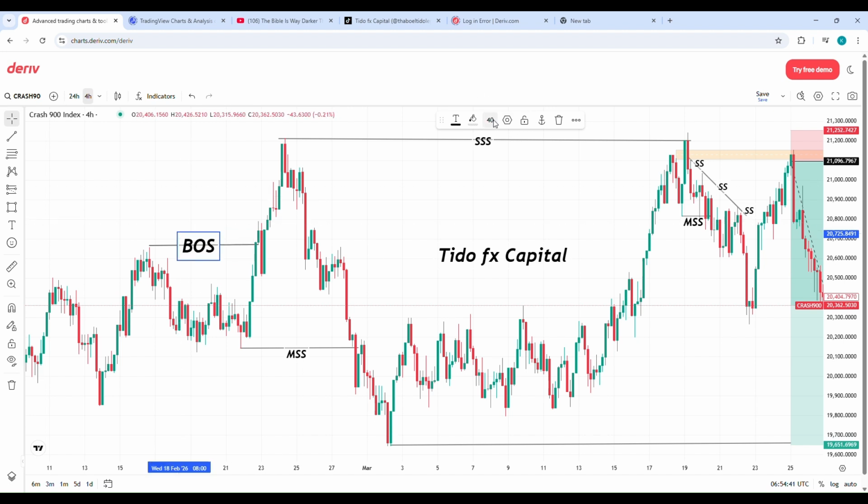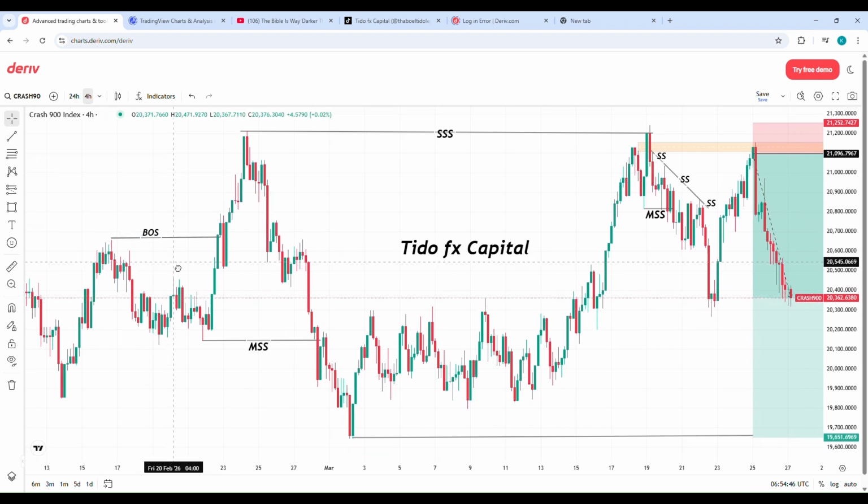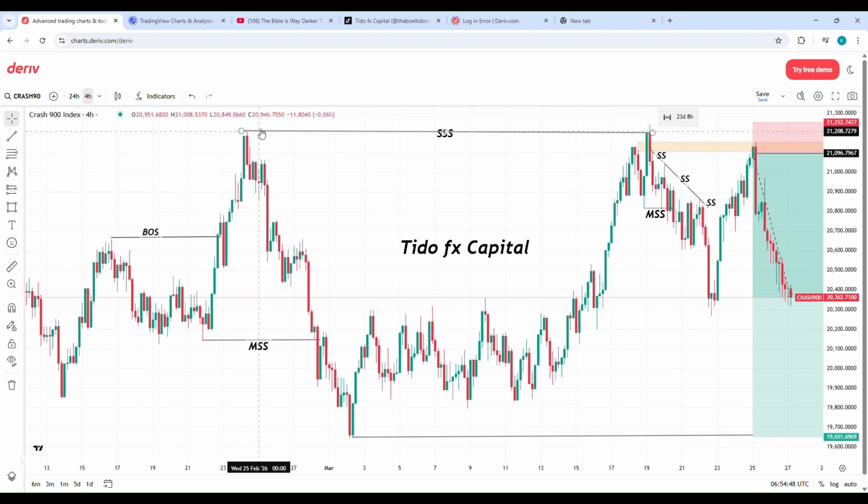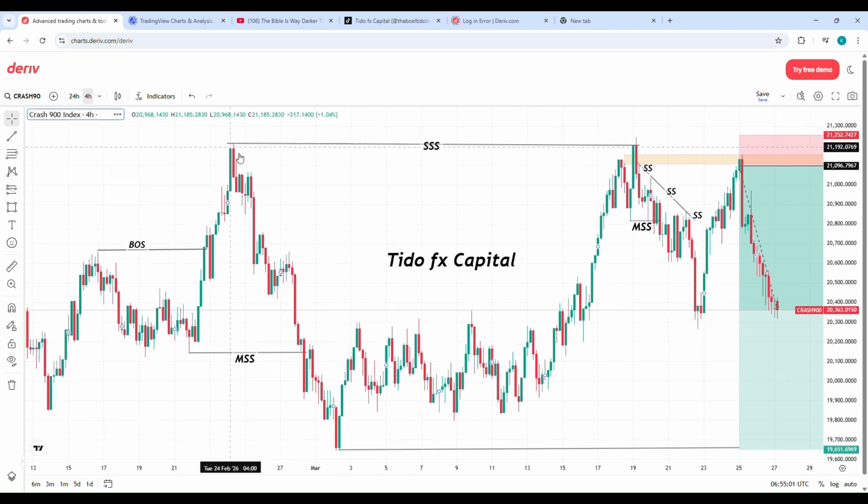Then this high took out the protected low, which means this high was the one which made a change of character to the downside, so this becomes our point of interest number one.